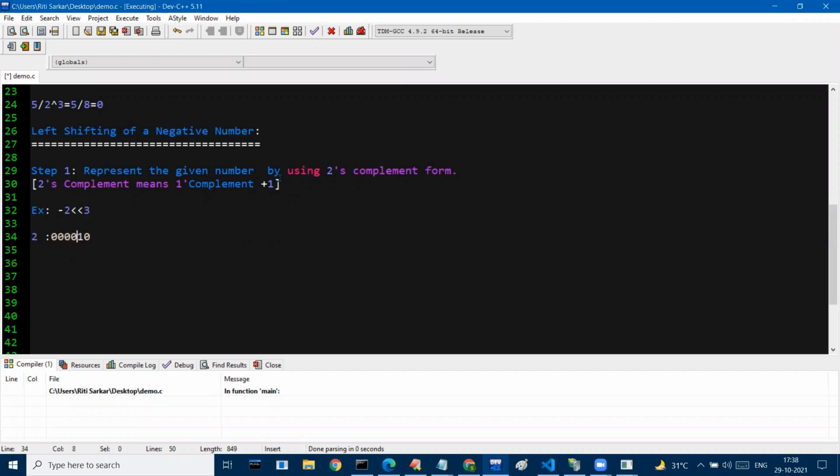So represent it in the form of 32 bits. How many bits are there here? 8. I have to represent the number in 32 bits. No problem, let me copy this. 32 bits now. 8 plus 8, 16. Of course, definitely on the left hand side.